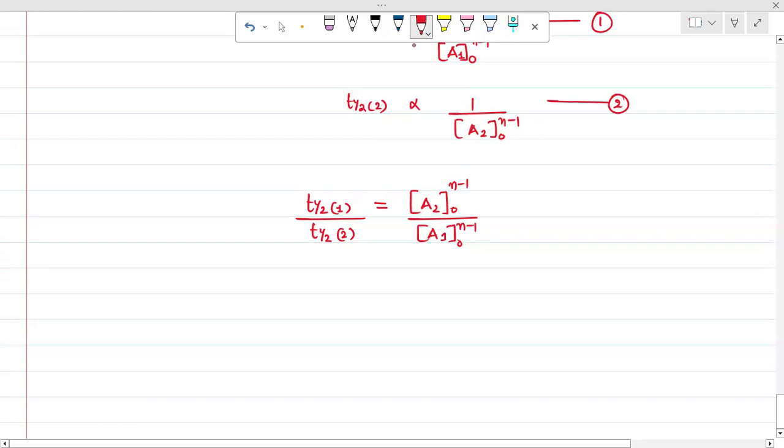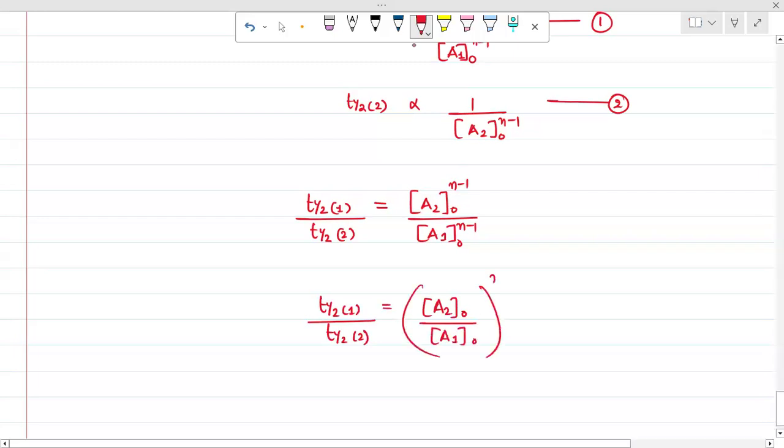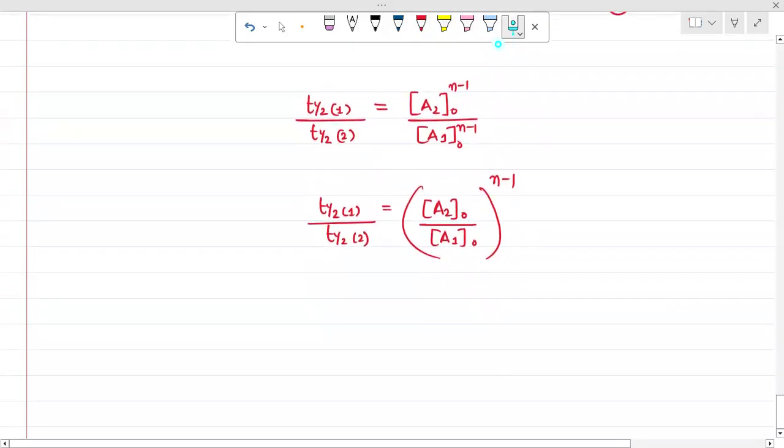Or I can write it as T half 1 by T half 2 is equal to A2 naught divided by A1 naught the whole raised to n minus 1. This is one relation by which you can find the order of the reaction if you have two T halves and two initial concentrations given. Or you can elongate it further.